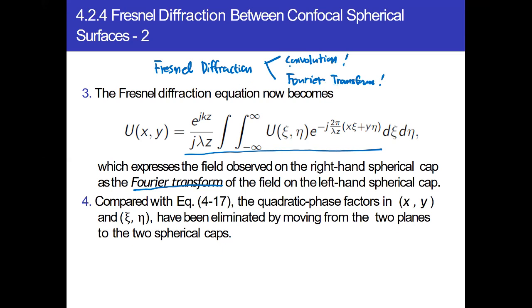If you think about the convolution, then you need the point spread function, or impulse response, and from this we have a transfer function, et cetera, et cetera. And then the Fourier transformation is just a Fourier transformation, okay?